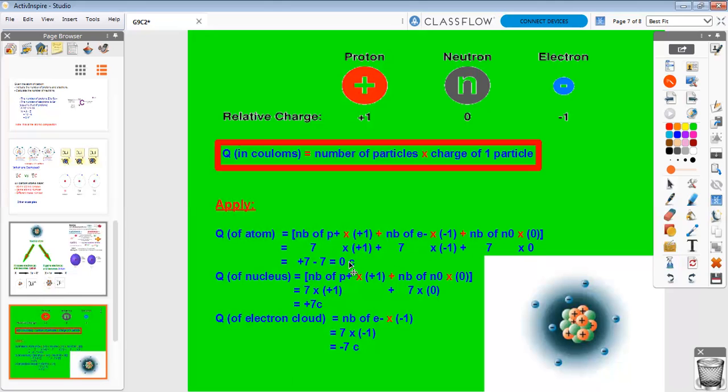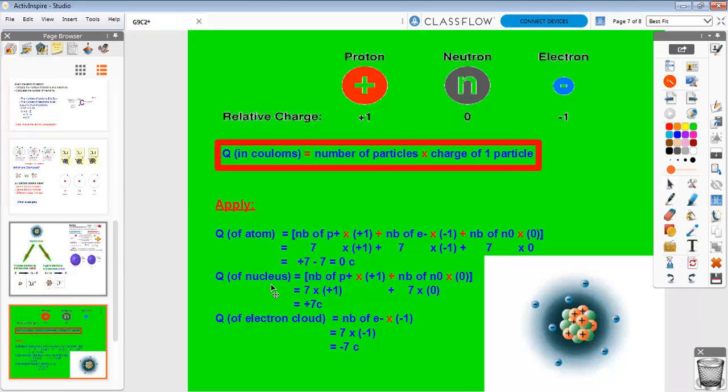The result will be 0. So the charge of the atom is 0 if this atom is neutral and not an ion.